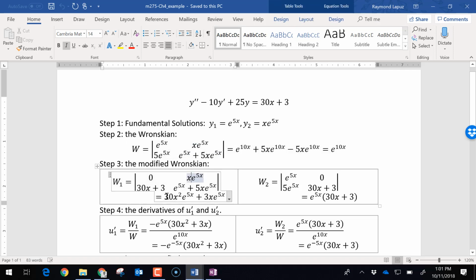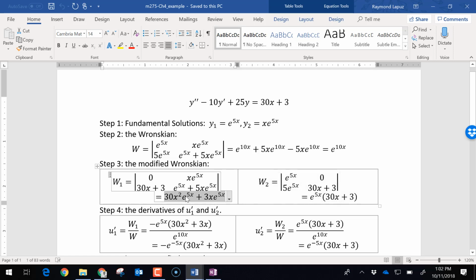And then the determinant turns out to be this thing. And it looks like both W1 and W2, I guess there's only 2 of them, will have an e to the 5x associated with them. W2 I found to be a little bit easier.